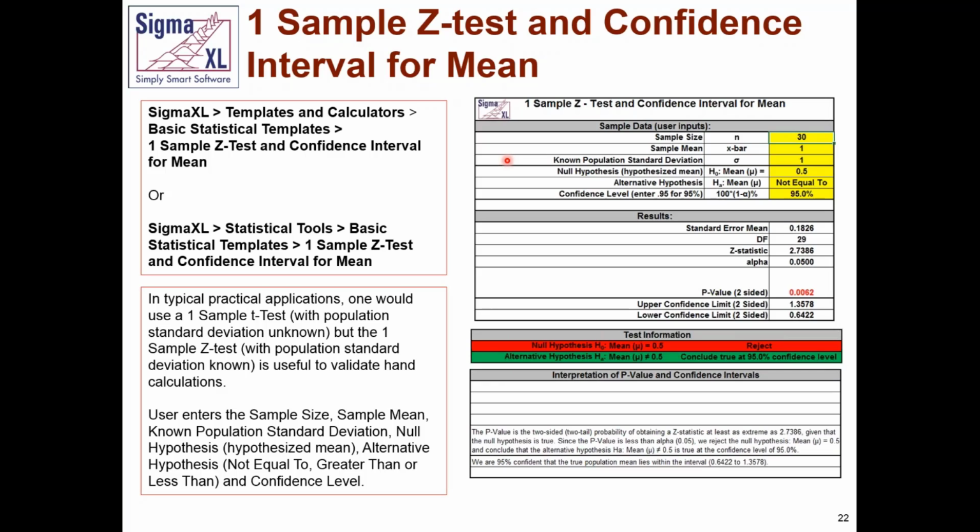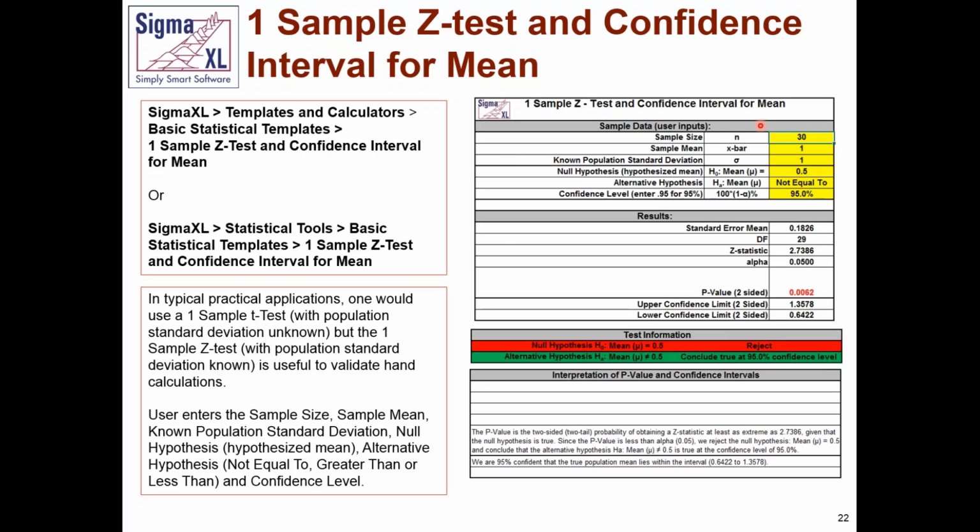In practice, you would typically use a t-test because the z-test requires that you know the population standard deviation, and the t-test is with the sample standard deviation, or the unknown population standard deviation estimated from the sample.